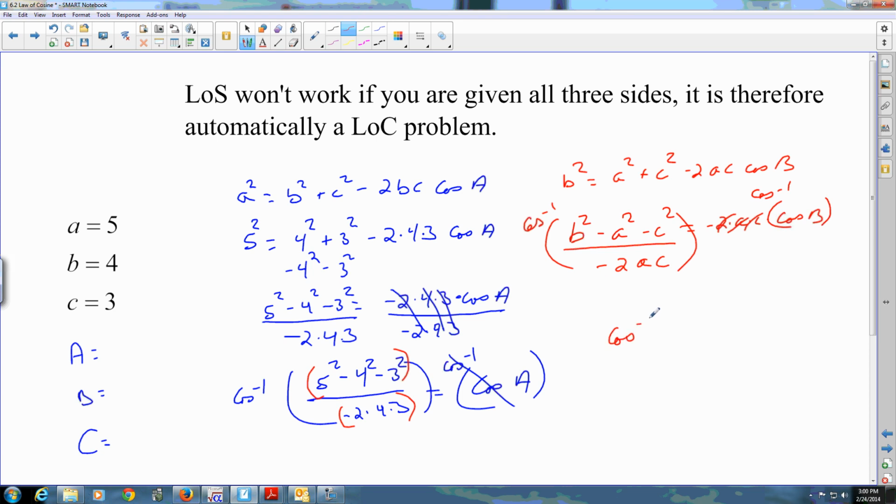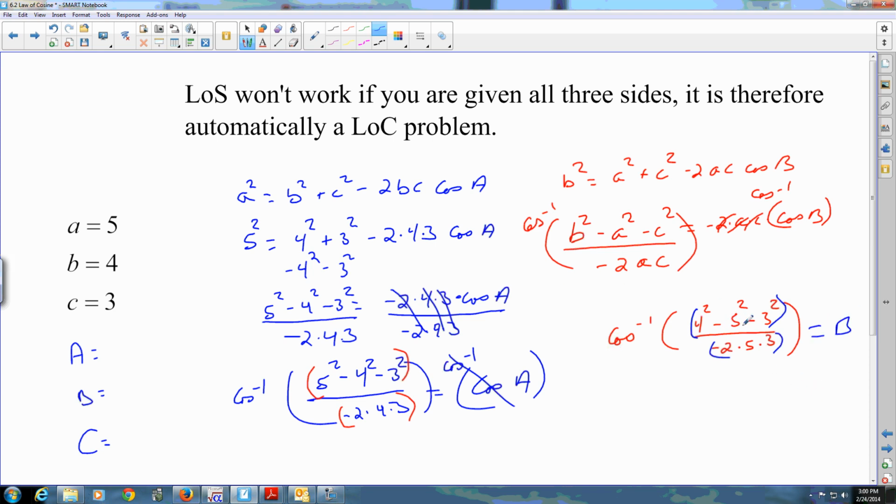So inverse cosine of 4 squared minus 5 squared minus 3 squared over negative 2, and remember, those two numbers are going to appear on the bottom. You're going to need a second set of parentheses, here and here, to type that in your calculator. And that's going to tell you angle B.